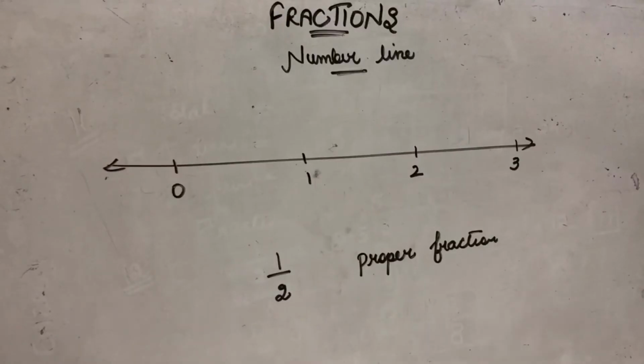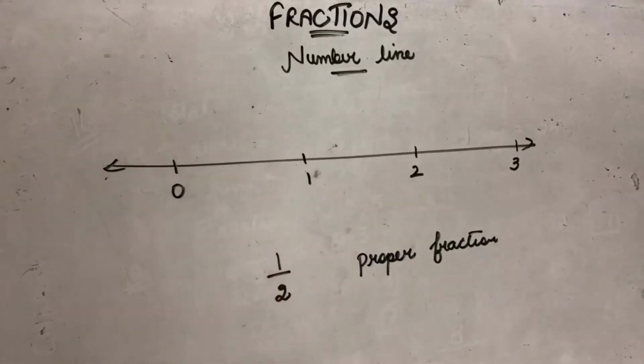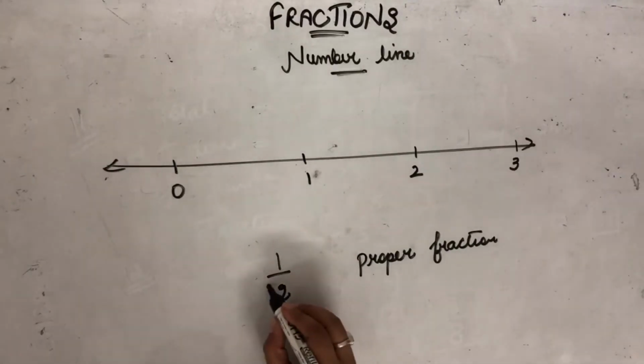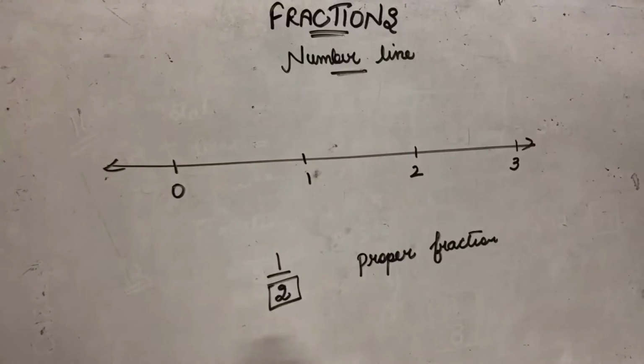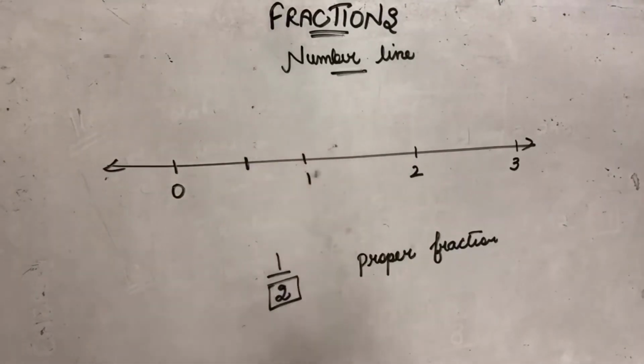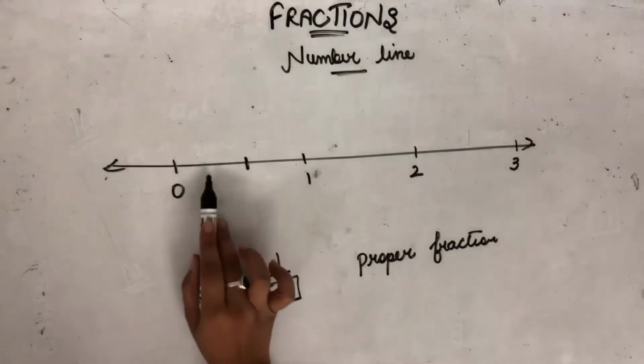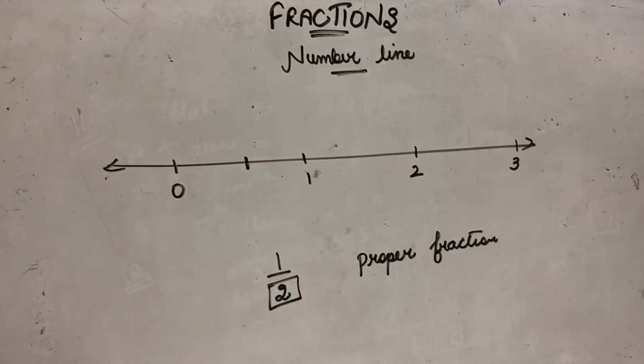Next step will be dividing this interval into how many parts? 2 parts. In denominator 2 is present. It means you have to divide this interval into 2 equal parts. So if I draw one line here, now this interval is divided into 2 equal parts.